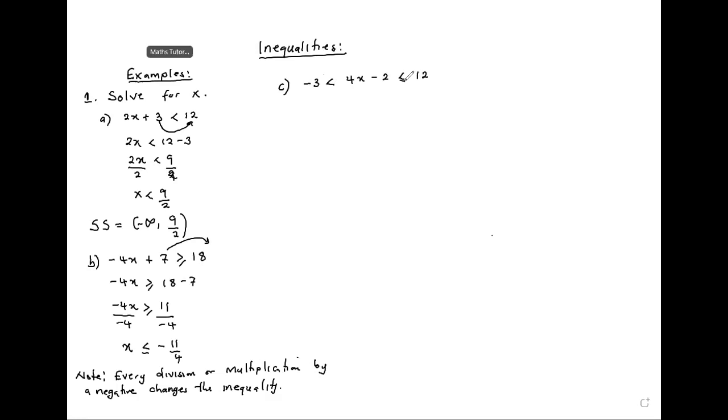Again, here we have two separate inequalities, but if you want, we can solve this as one, where you take this to the other side, and at the same time, you take this to the other side. You can do that. So you have negative 3 plus 2 less than 4x less or equal to 12 plus 2.